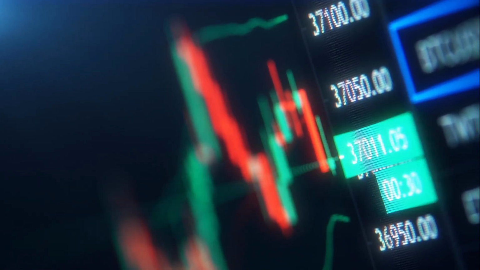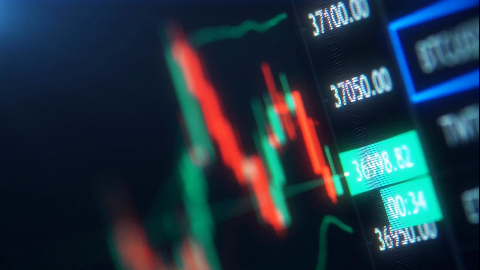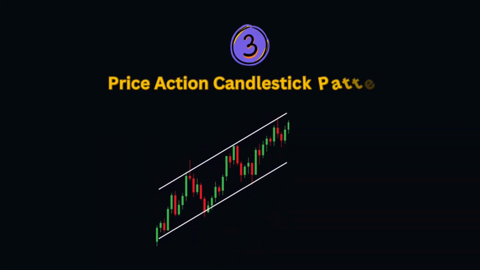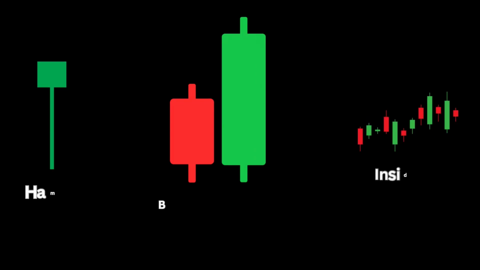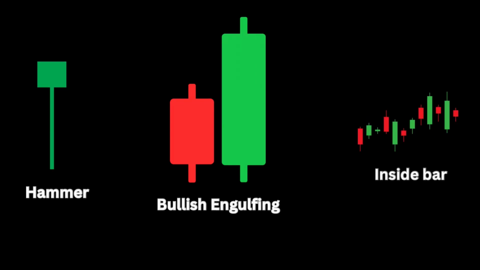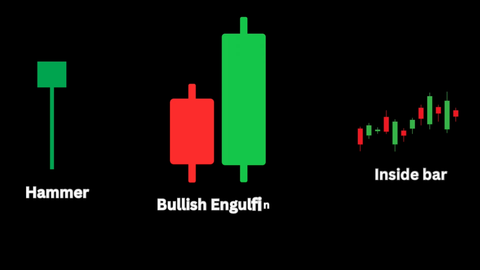Subsection number 3 is mastering the art of identifying price action candlesticks. You've got to understand some powerful candles like our pin bar, otherwise known as the hammer. It really signifies rejection and possible reversal. You've got engulfing candles, be it bullish or bearish.